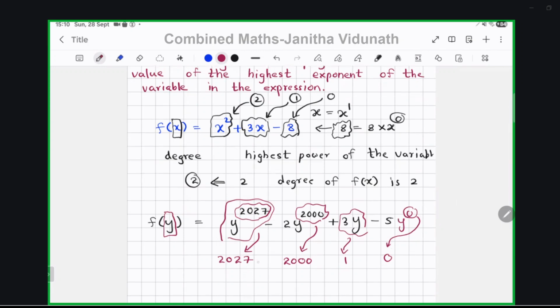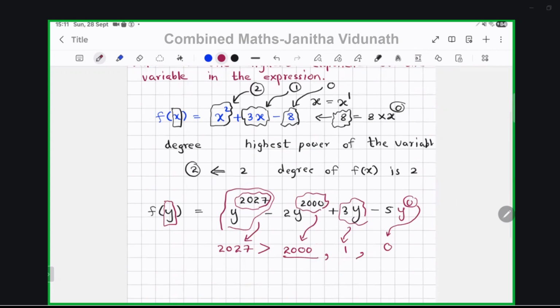Now we know 2027 is greater than all these values. Then the highest power is 2027. That means the degree of f(y) is 2027. Okay.